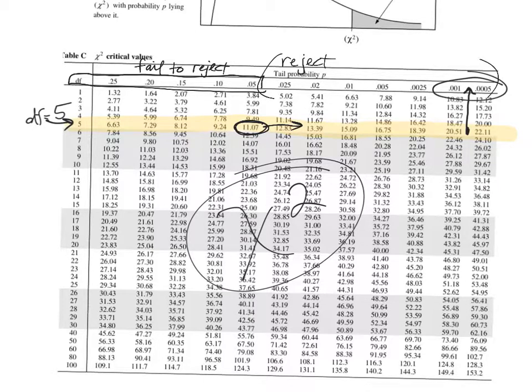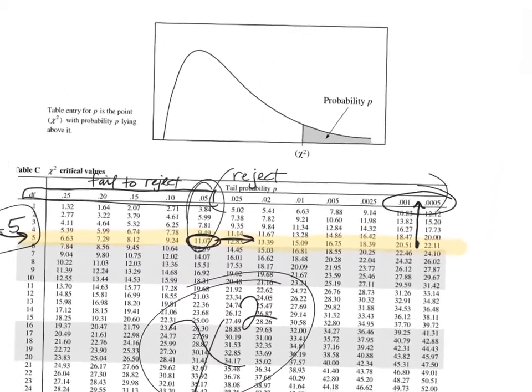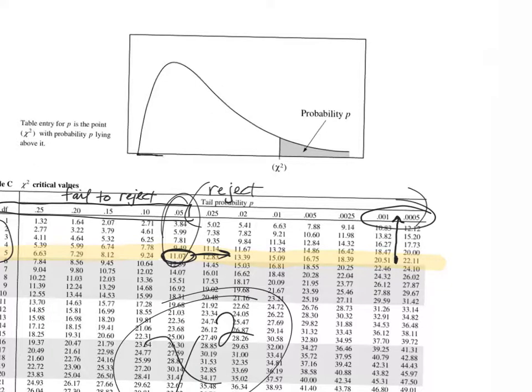Did anybody have that? How do you know that it's greater than 11? Because our degrees of freedom was 5, and that's why I'm looking on that line. And if alpha is 0.05, then as chi-squared gets bigger, let's talk about this curve. As the chi-squared gets bigger, what happens to the p-value?